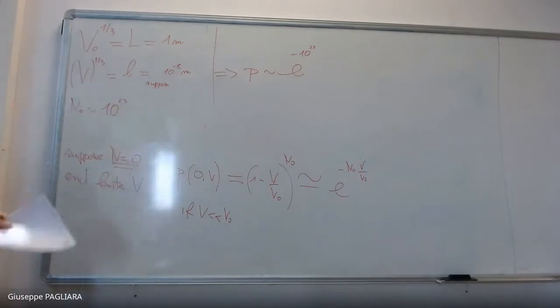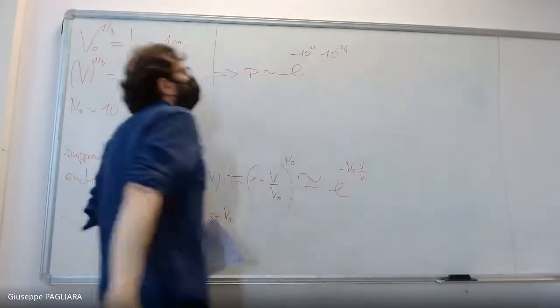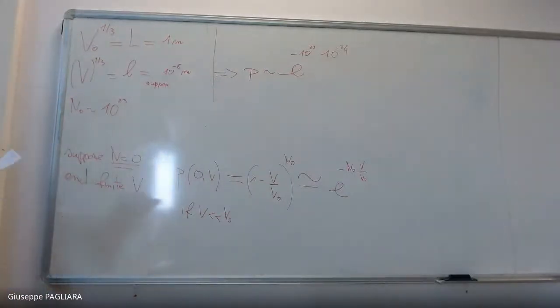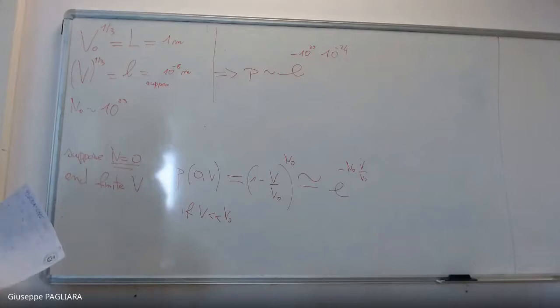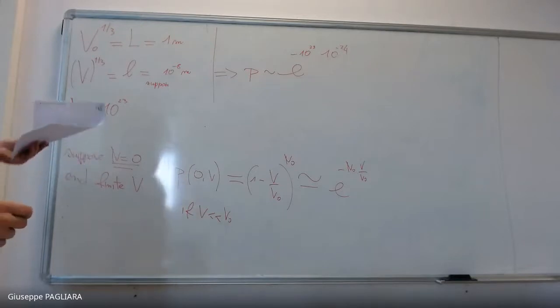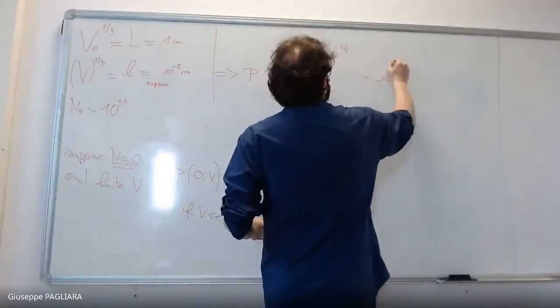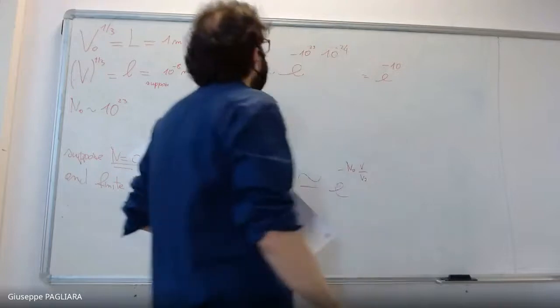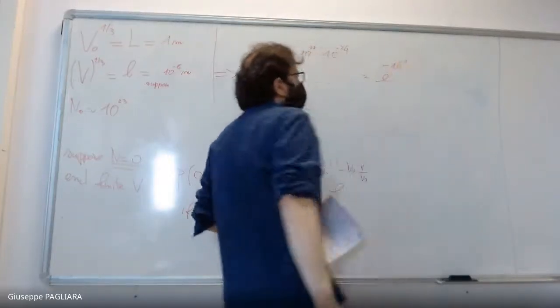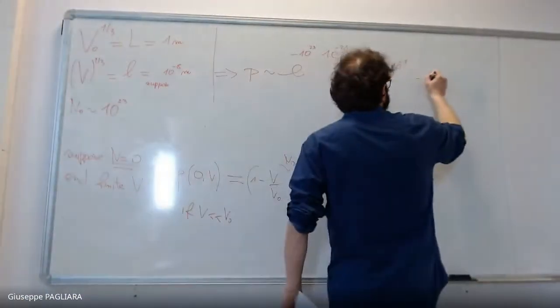And then this is 10 to the minus 24, because I have to make the cube of this. So this is exponential of minus 10 to the minus 1, no? Which is a respectable number, so different from 0.